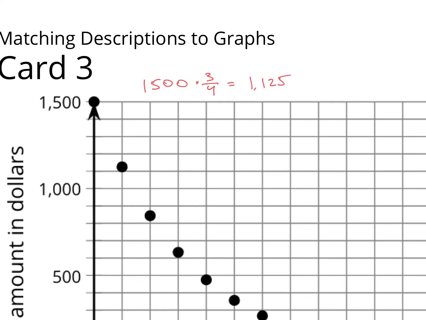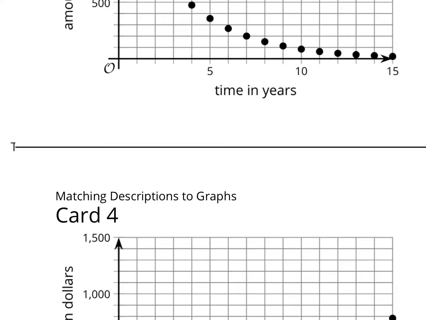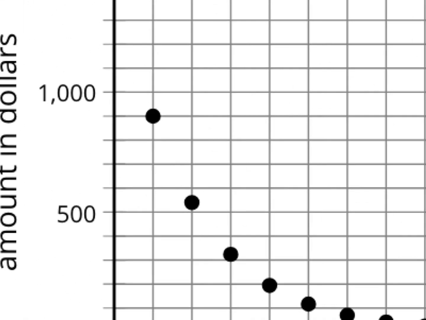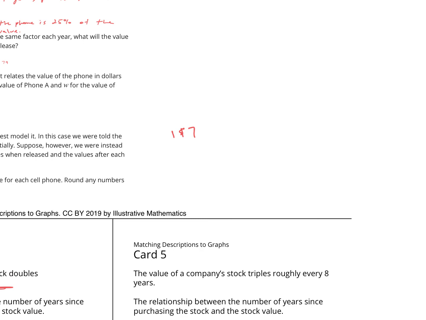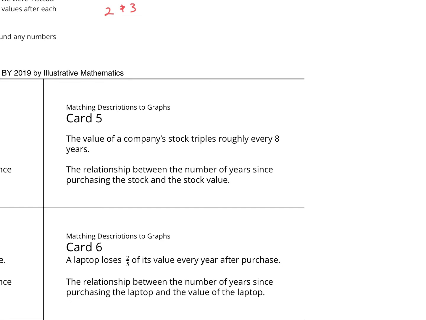And looking at this point, it looks like it could be that. But let's just double check the other graph just to make sure. So here, this is definitely not 1,125 because it falls below the 1,000. So I know that graph 2, or graph 3, matches with card 2. So 2 and 3.